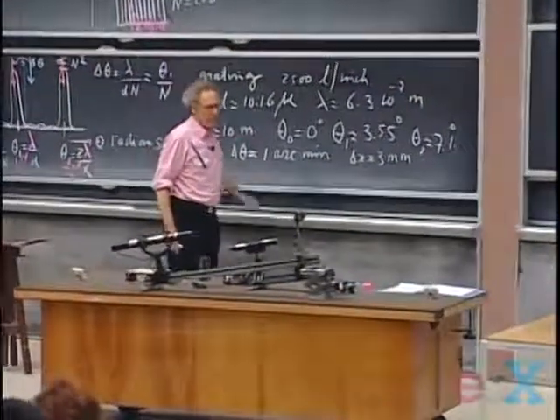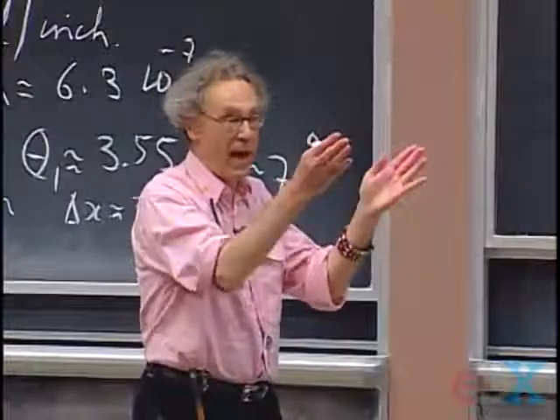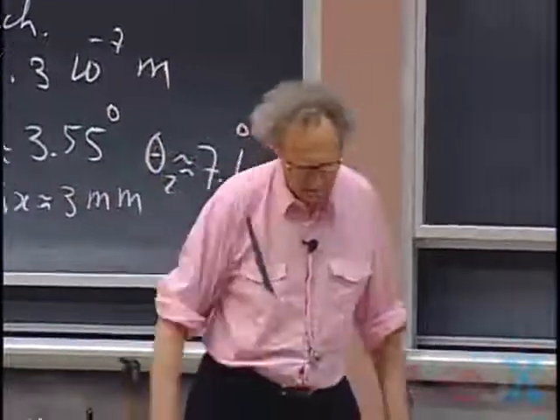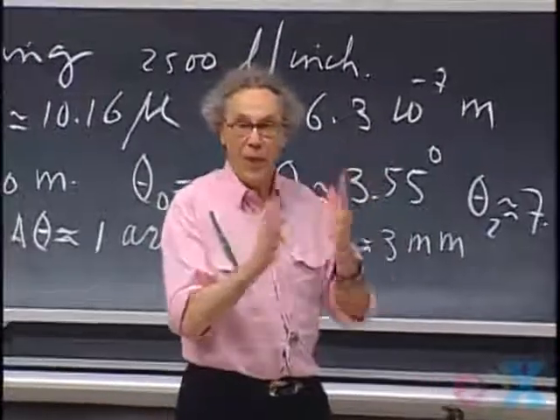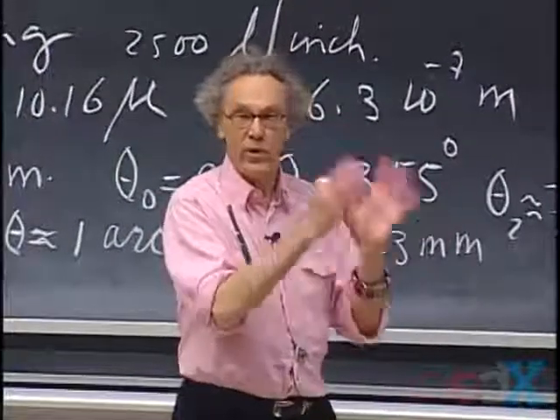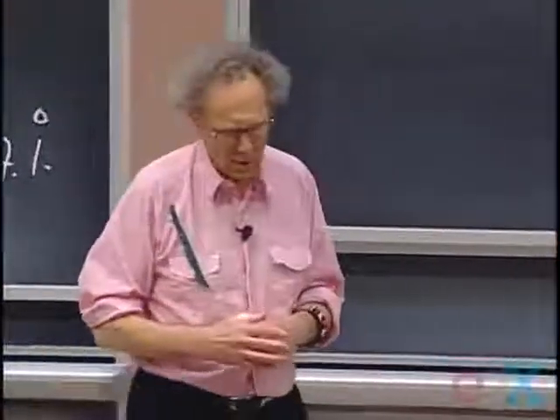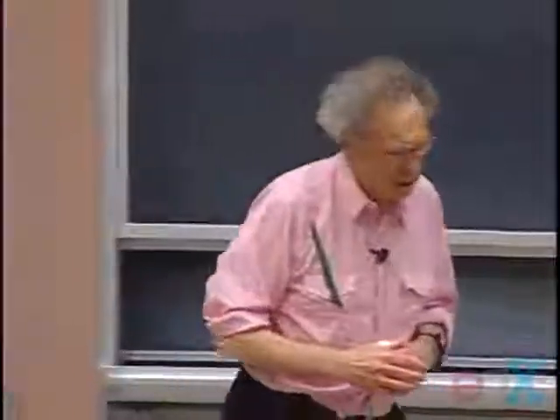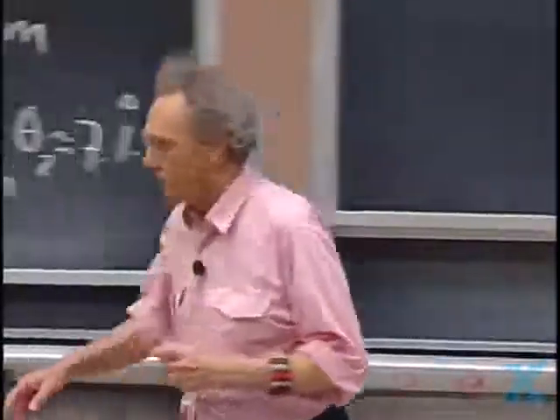So it's only 2.5 microns, and so the angle theta 1 will not be 3.5 degrees, but it will be 4 times larger. The main purpose why I want to show you this is I use white light, so the 0 order is white. And then we will see also, of course, the first and the second order, if we have good eyes, because the whole thing is not so very bright.